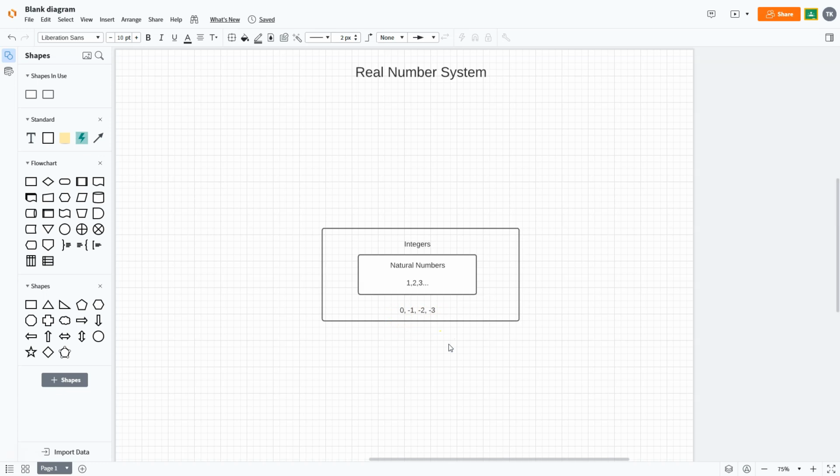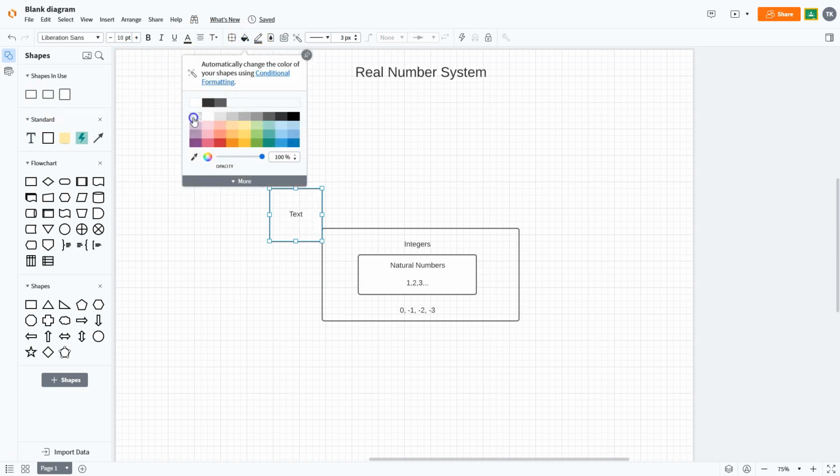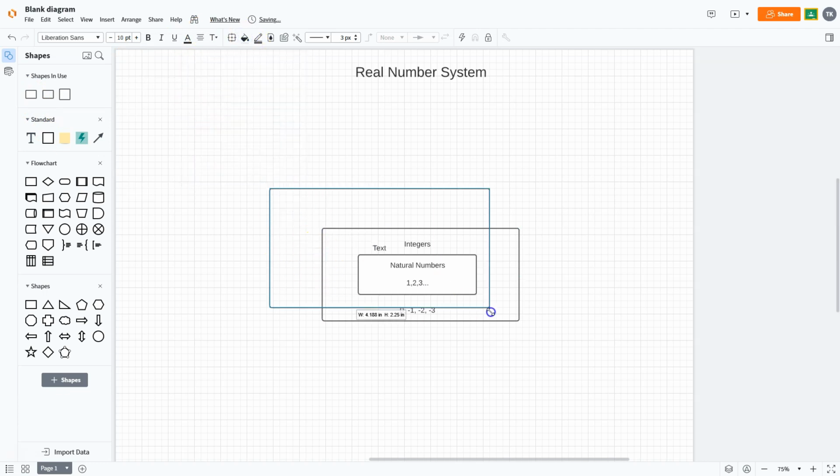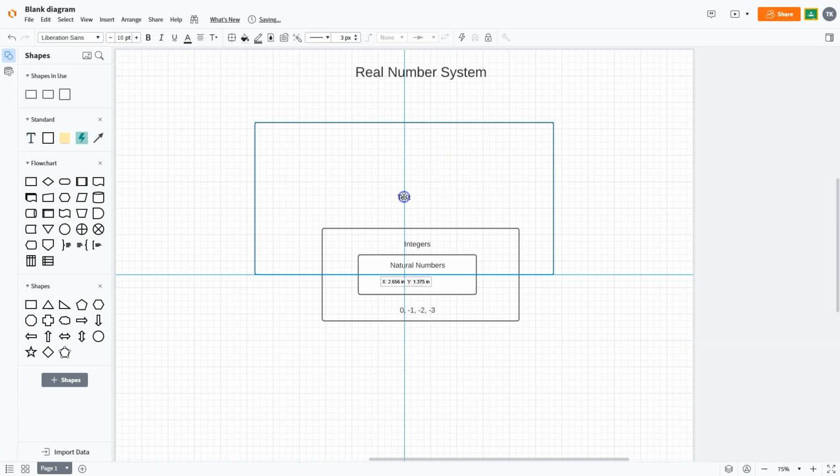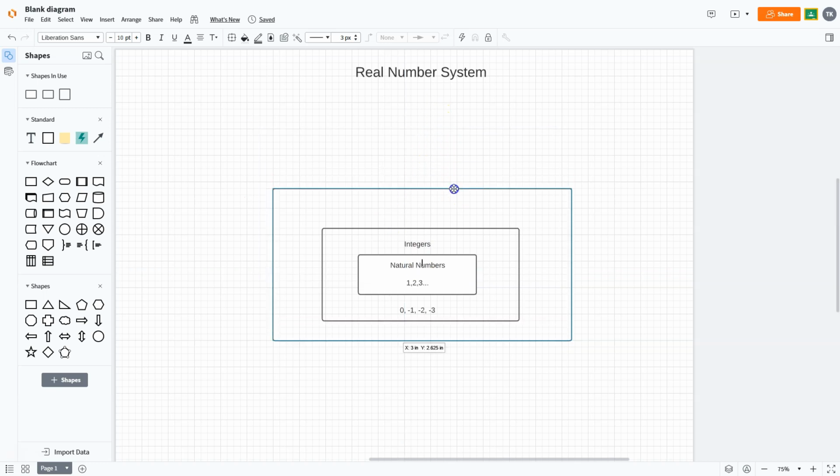Okay? Now, if you take all of those integers and put them into fractions, what you get are the rational numbers.